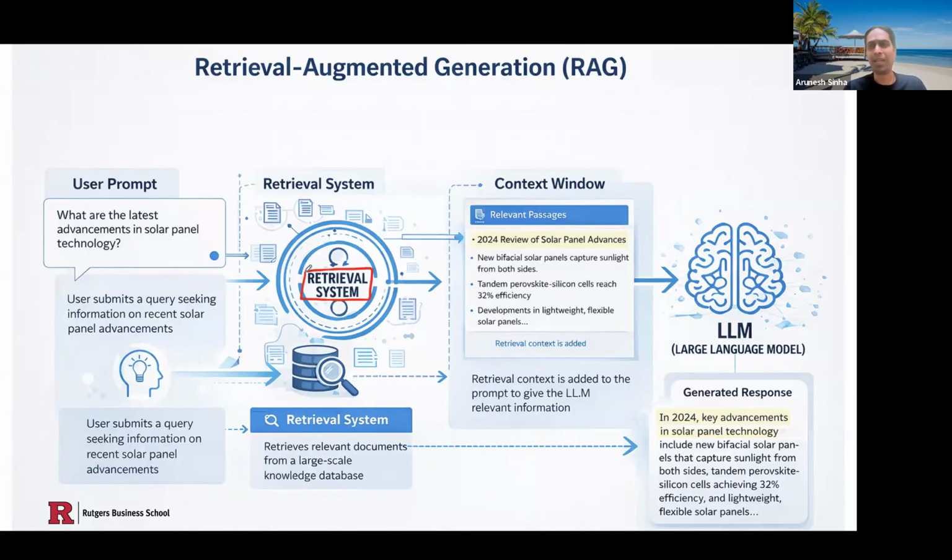The LLM has nothing to do with this web search. This web search is happening using Google's other technology. Or if you upload a PDF with the latest information about solar panels, Google will read that PDF, extract the text, and put all of this retrieved information, either from the internet or from your PDF, into the context window.